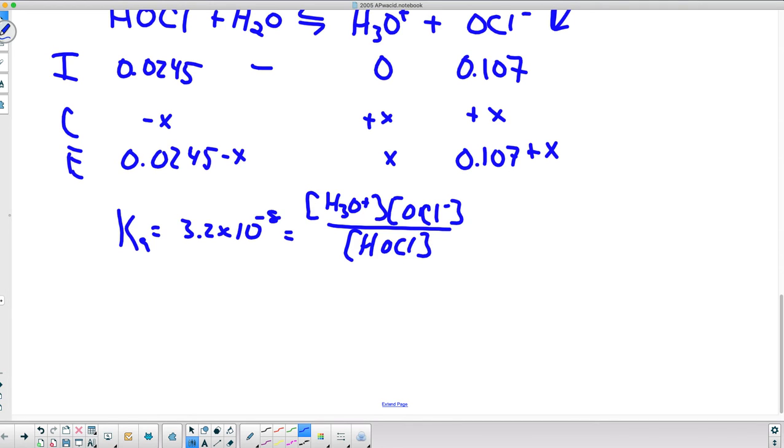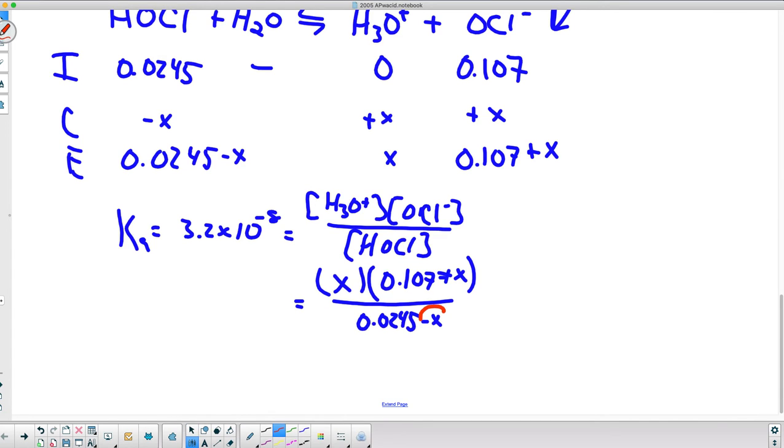This is all exactly the same. So when I plug this in now, what I get is X for this one, 0.107 plus X, and 0.0245 minus X.